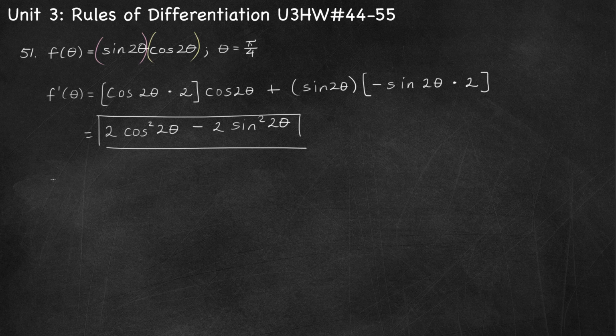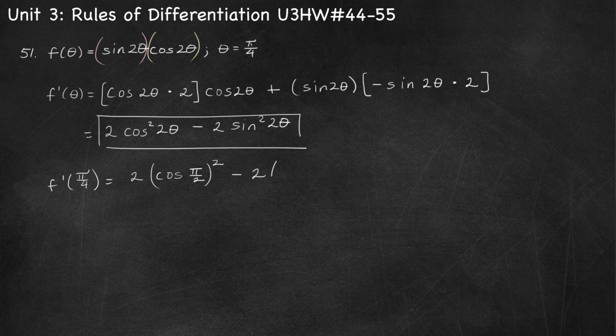And then we want to evaluate the derivative at pi over 4. So that's going to be 2 times the cosine of 2 pi over 4. 2 pi over 4 is the same as pi over 2, squared. So I can write my square here in between, or I'm just going to write it on the outside to make it more clear how to simplify this.